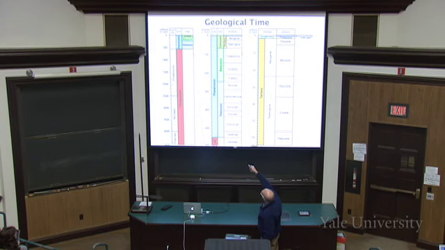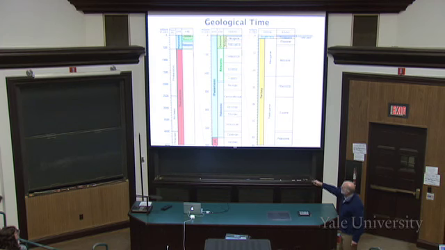And then if we take everything after the Cambrian, it's called the Phanerozoic, okay? That's this column here. And we blow that up, and you can see it falls into the Paleozoic, the Mesozoic, and the Cenozoic, with all of these eras in it. And some of these eras have their endings marked by mass extinctions.